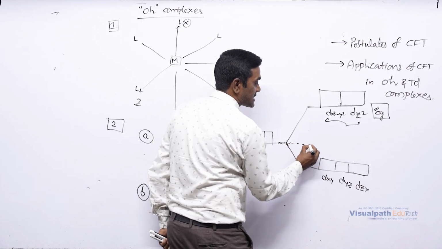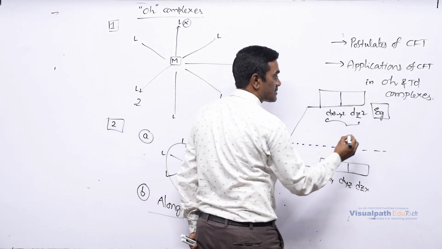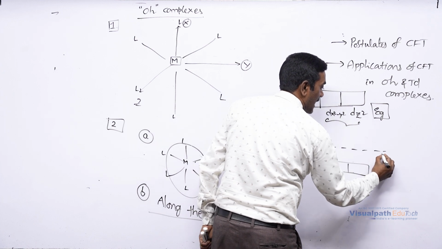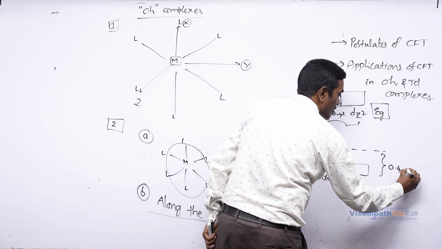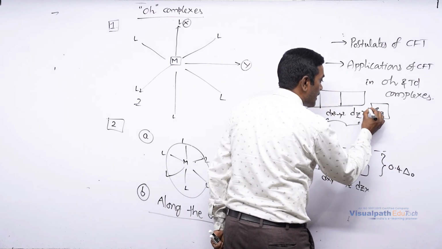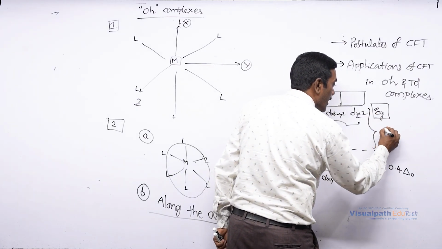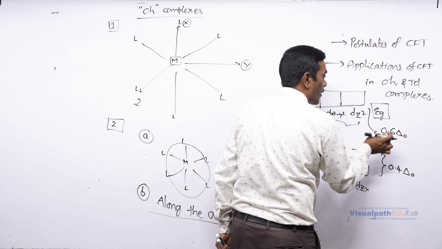Now let us consider this as the barycenter. Here the splitting is going to be 0.4 delta naught, and this splitting is going to be 0.6 delta naught. What are 0.4 and 0.6?